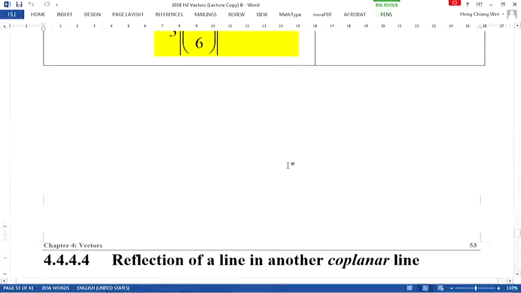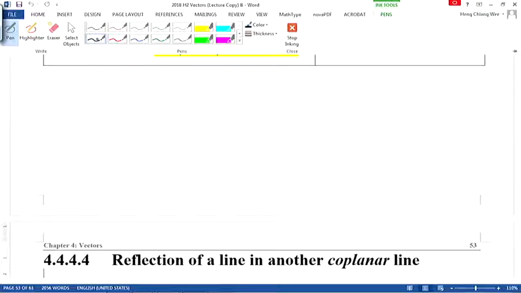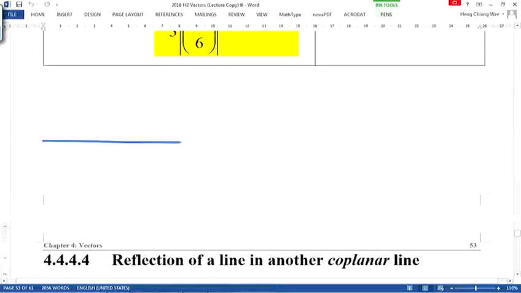The last thing that I'm going to touch on is when we want to reflect a line in another line. This is what I mean by a line in another coplanar line. So there are 2 scenarios in this case. First scenario.